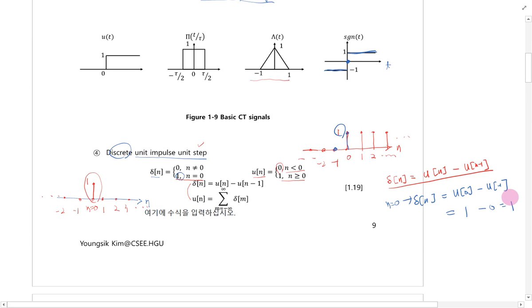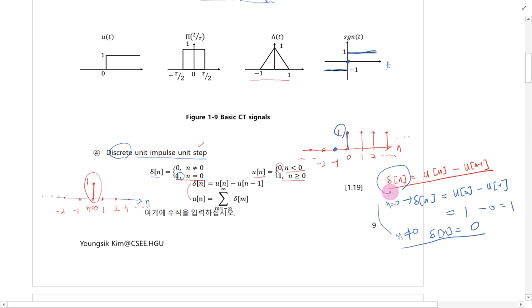What about the other n? 1 minus 1, or 0 minus 0. So 1 minus 1 should be 0, and 0 minus 0 is also 0. So all the other cases are 0. So this satisfies the delta conditions.